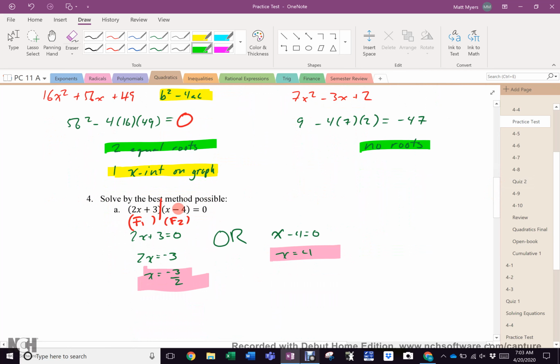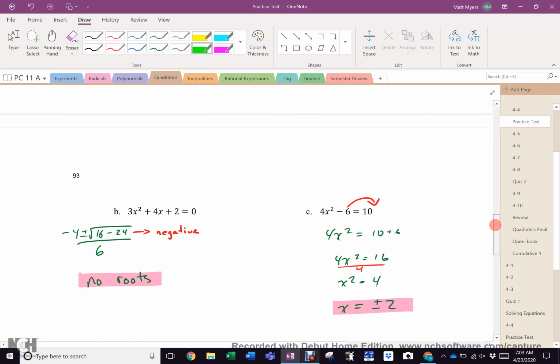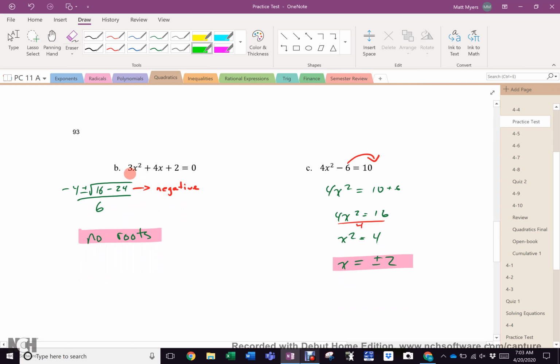This one's already factored, so you would just do 2x plus 3 has to equal 0, or x minus 4 has to equal 0. Doesn't factor. Yucky, complete the square because it's got a 3 there. So you just use the quadratic formula. No roots, because the discriminant is negative.